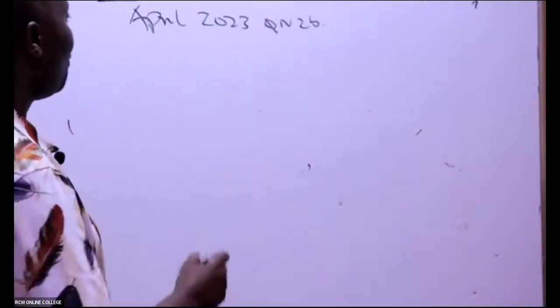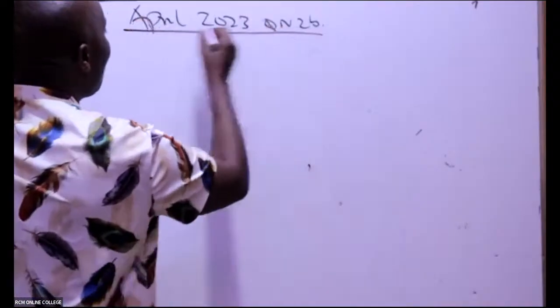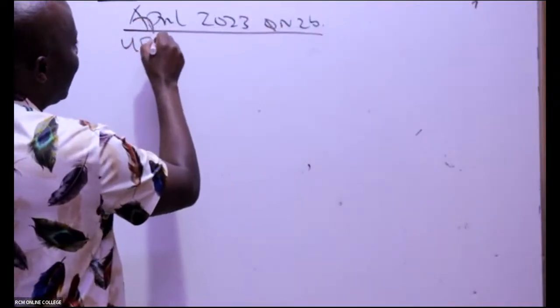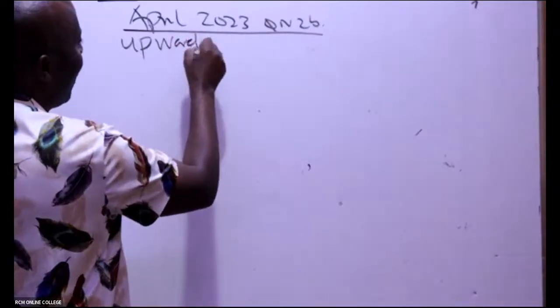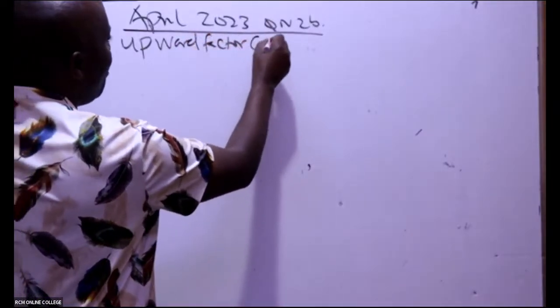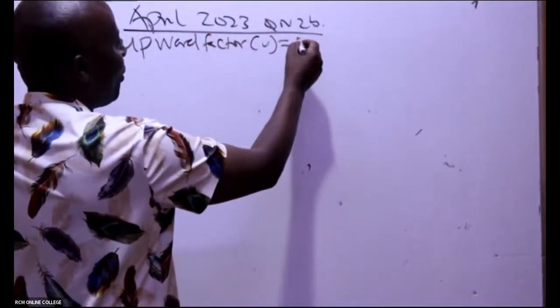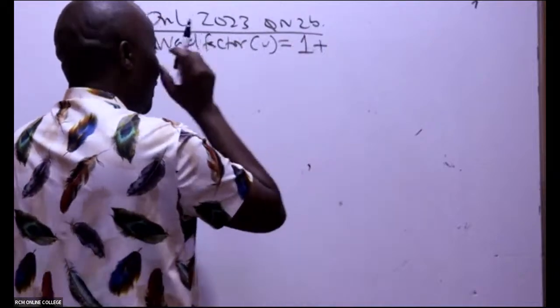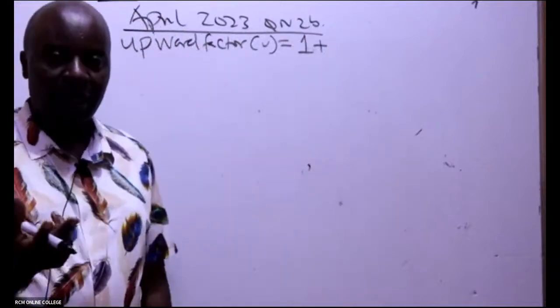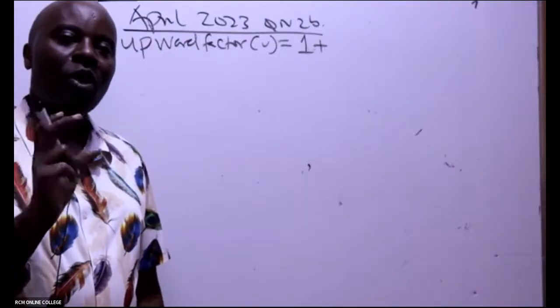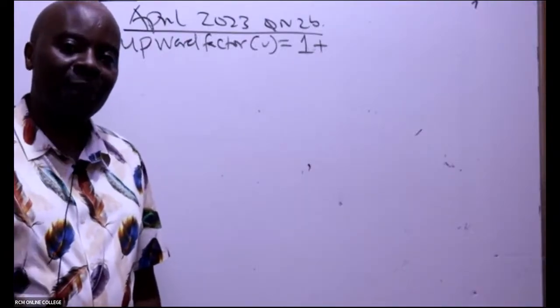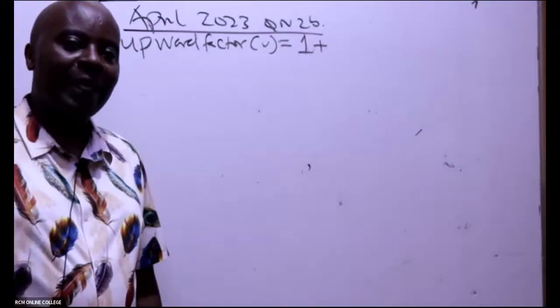So what we shall do, first of all, is to calculate the upward factor, the U. In this case, they have told us that there are two possibilities: that the price could either go up by 20% or go down by 17%.